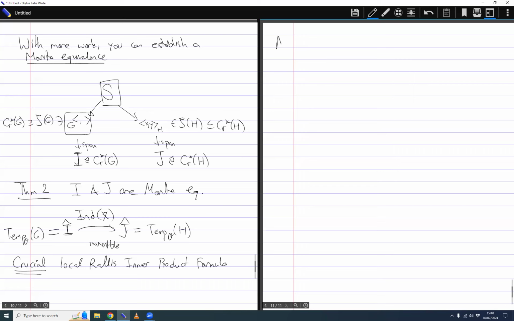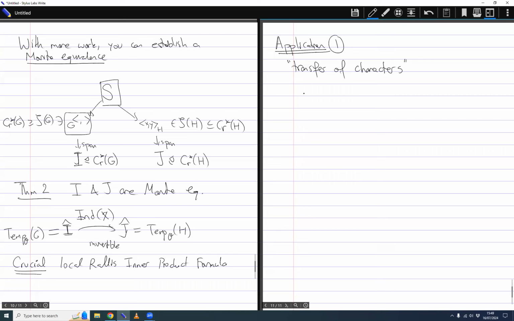For example, application 1: once you know that these ideals are Morita equivalent, you can do the transfer of characters. This kind of thing is quite useful for global purposes as well, like in the Jacquet-Langlands transfer.